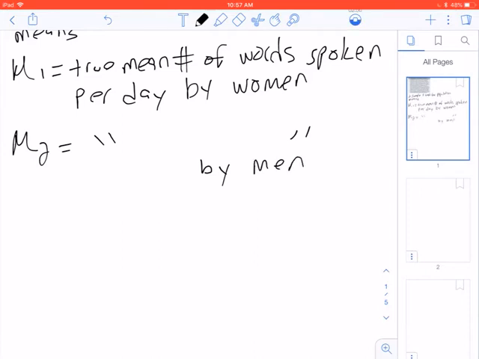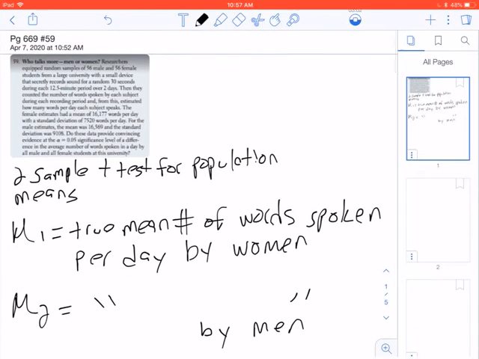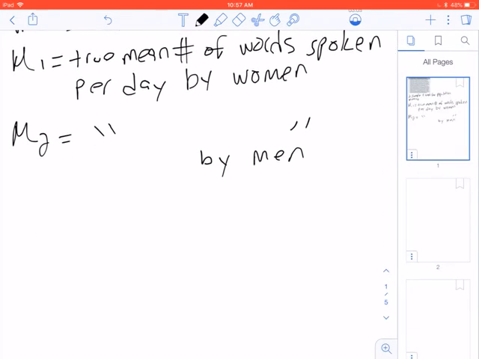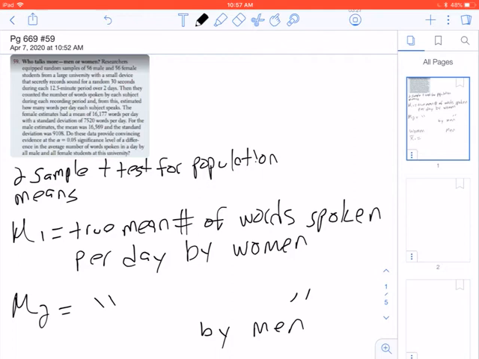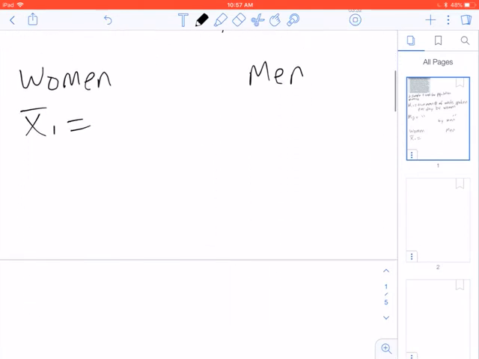And now let's write down the important numbers for the sample. So if mu1 is for women and mu2 is for men, then I'm going to make x bar, because remember mu1 is for populations. So x bar 1 is for the sample of women, and there were female 16,177.